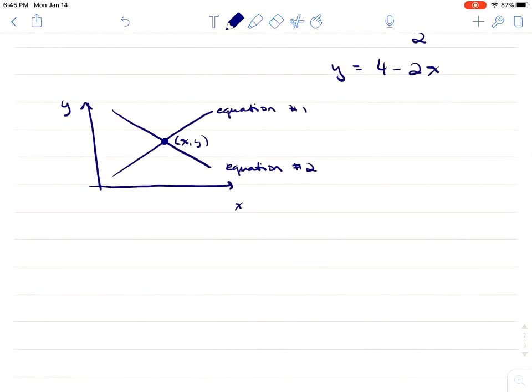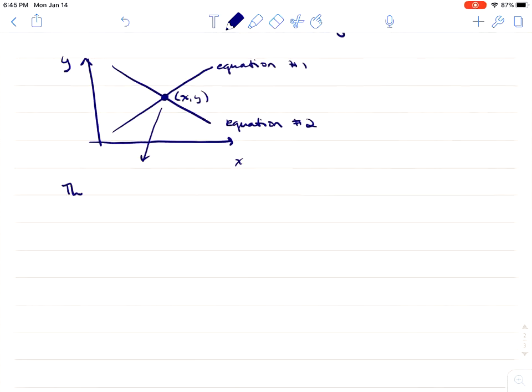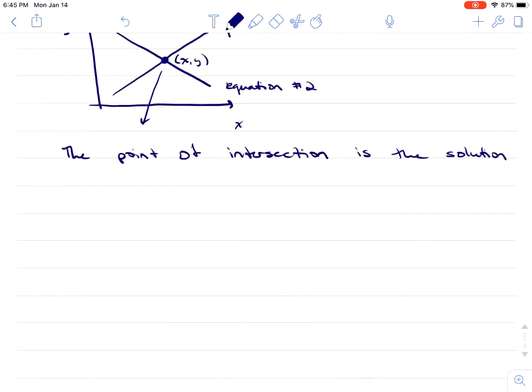The point of intersection, here I'll draw a little arrow, the point of intersection is the solution to the system.